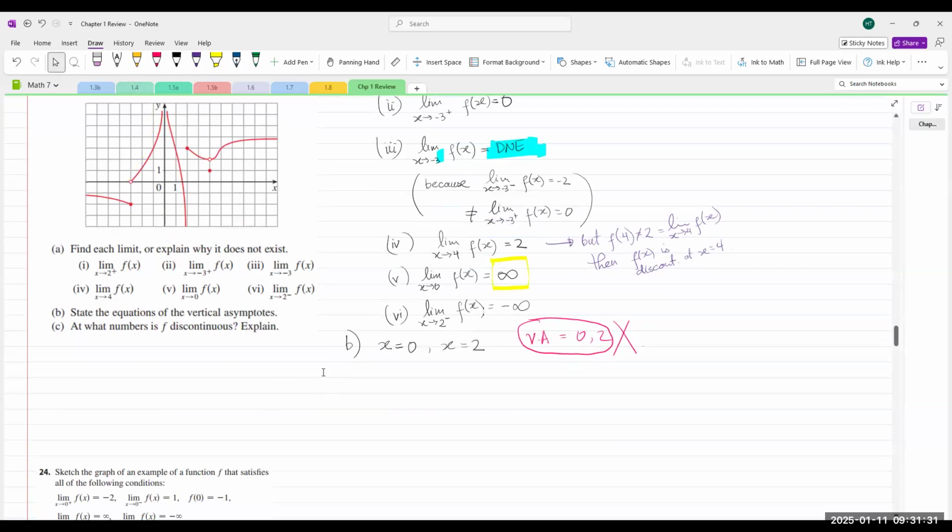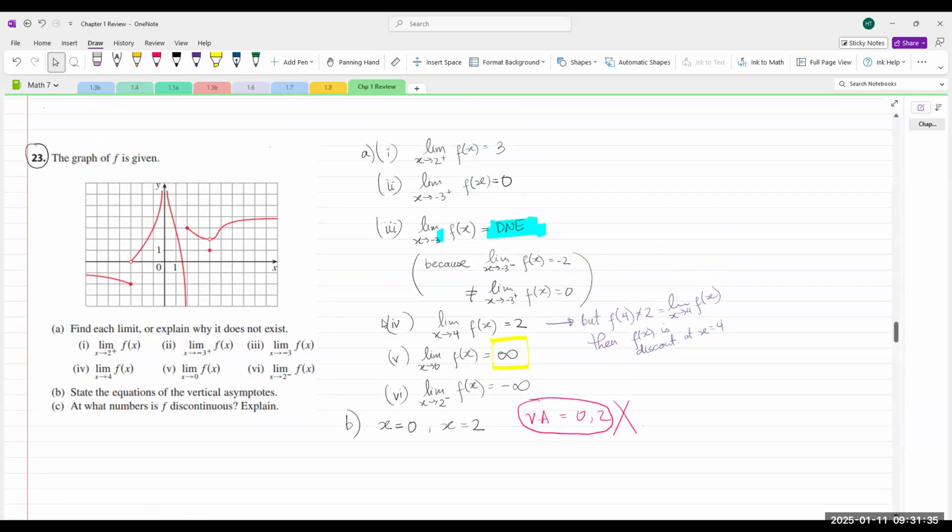State part B. Oh, I mentioned it. State the equation of vertical asymptotes. Let me say that again. Vertical asymptote is a linear equation, so it has to be expressed as the equation of a line. So stating that vertical asymptote equals 0, 2 is not enough.